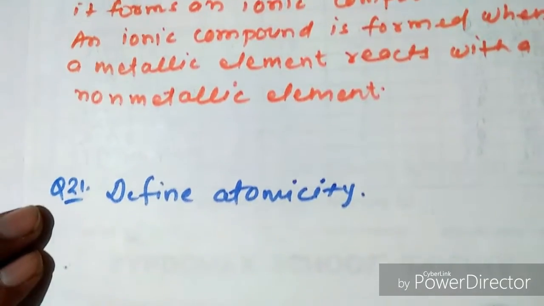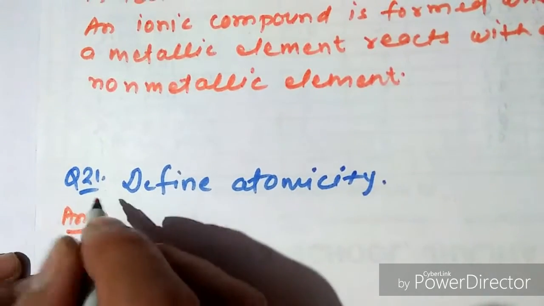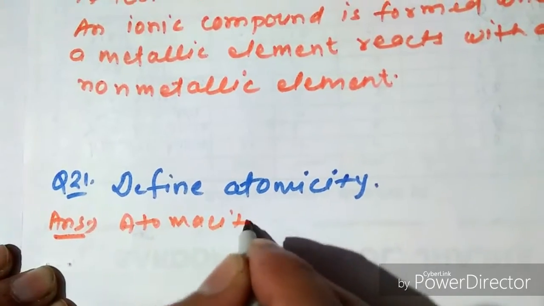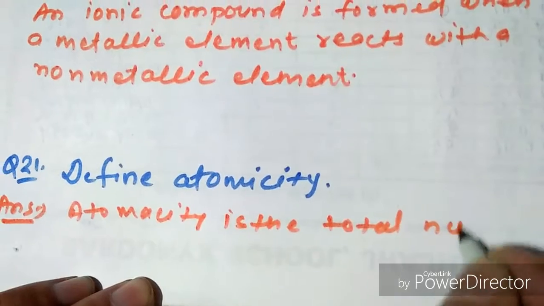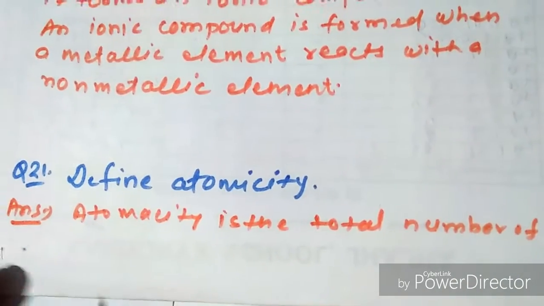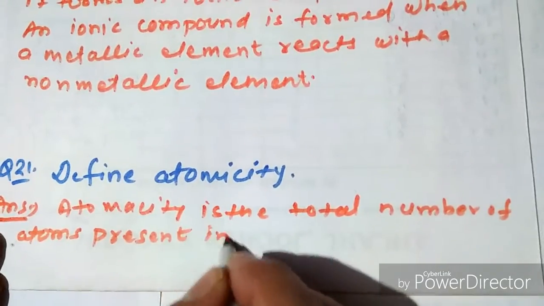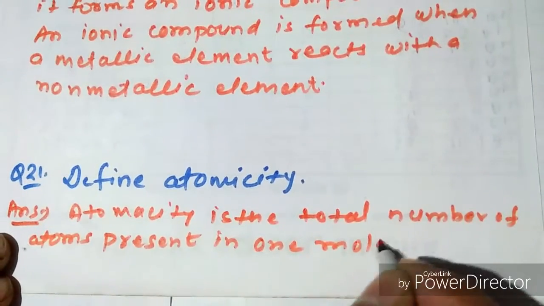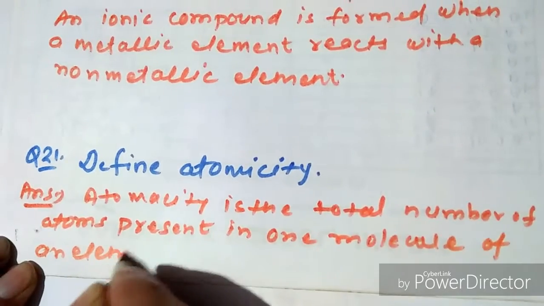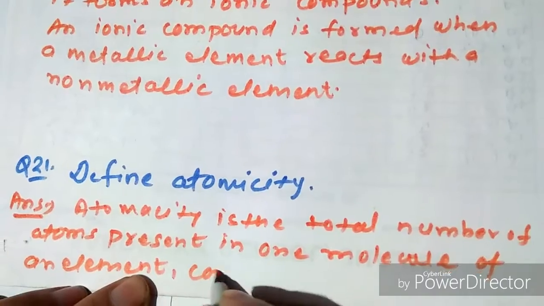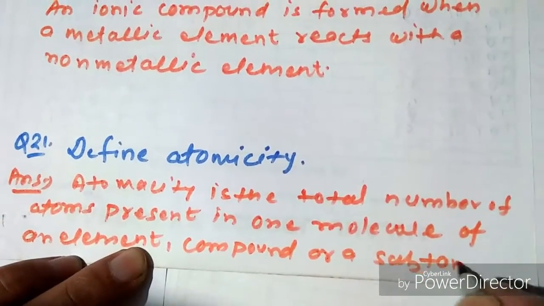The question is, define atomicity. The answer to this question is: atomicity is the total number of atoms present in one molecule of an element, compound or a substance.